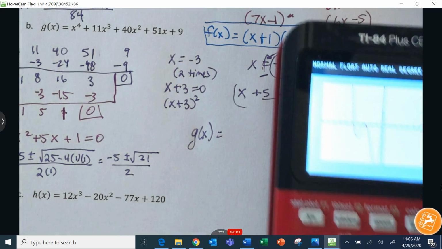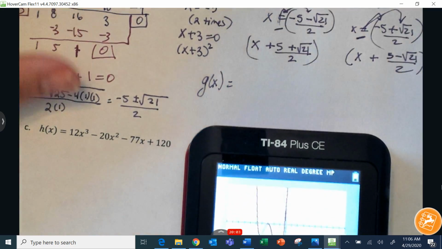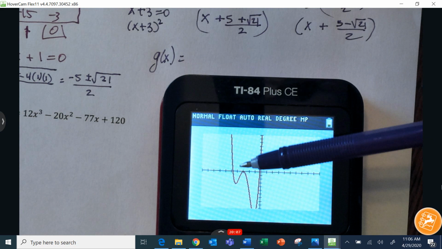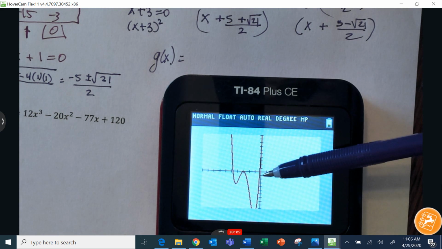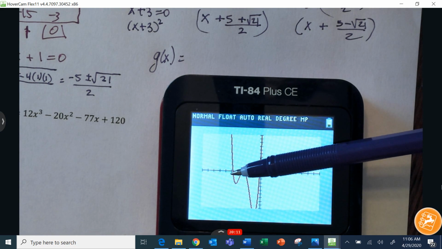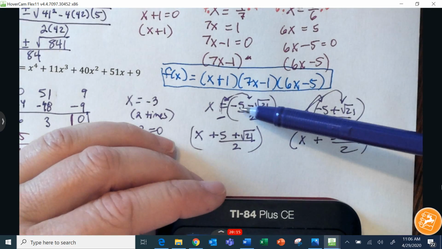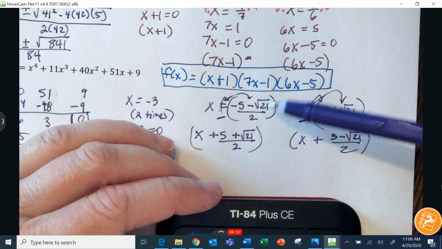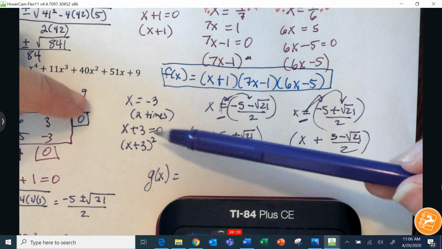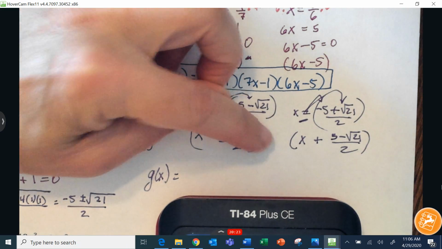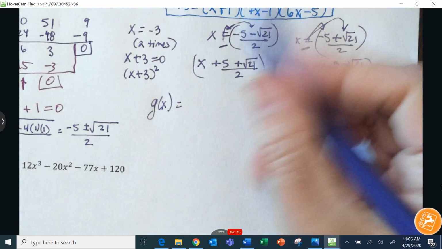When we look at the calculator, because if we don't type these in the exact same way, it'll mark them wrong, and I don't want that to happen. So we're going to type it in left to right. So the left one would be this middle where it was -5 and it was minus the square root 21. That's the left one. And then this was the middle one. And then this was the far right one.